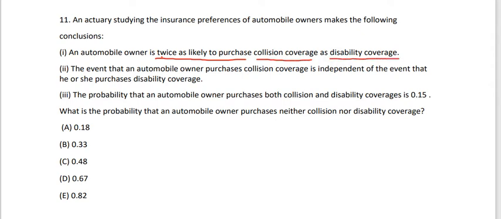The number who buy one is twice the number who buy the other. And the event that I purchase one coverage is independent of the other.